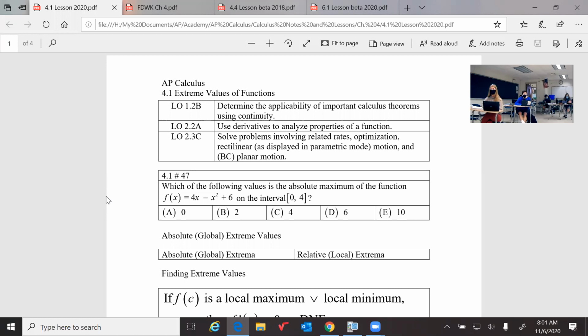Here's what's going to happen. In May, you get 2 minutes to answer a question without a calculator. I've been thinking about what the College Board's going to do. I have no idea. But if they go to a typical test, it's 2 minutes for a multiple choice without a calculator, 3 minutes with a calculator.